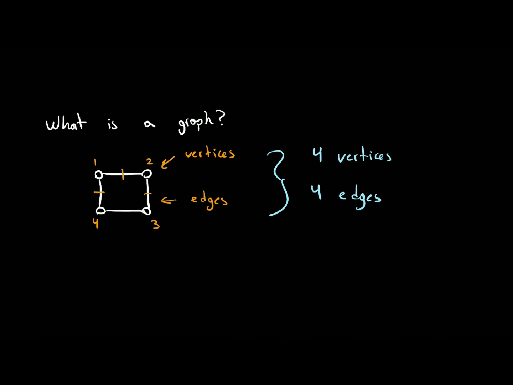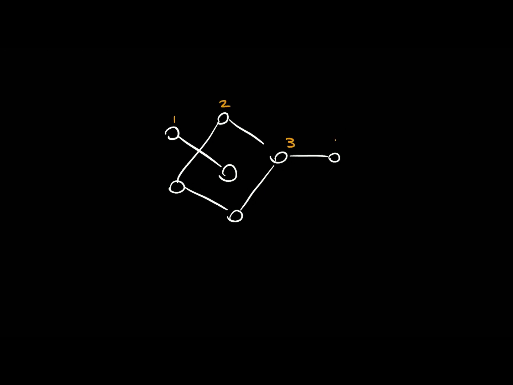Another example of a graph is the following. This graph has 1, 2, 3, 4, 5, 6, 7, not 8 vertices, and we have 1, 2, 3, 4, 5, 6 edges.